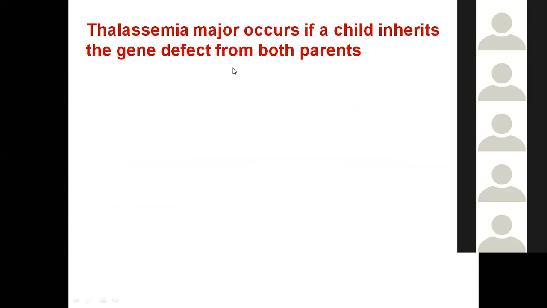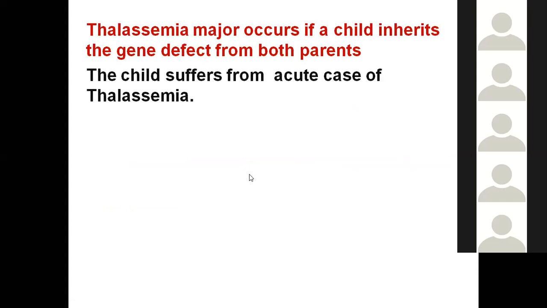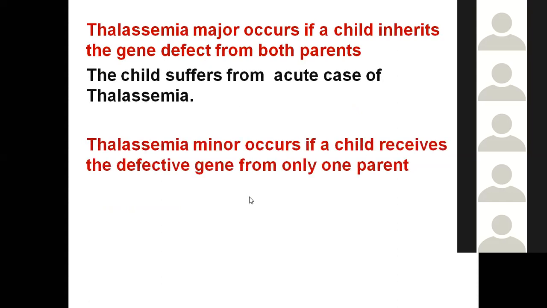Now, thalassemia major. If a child inherits the genetic defect from both the parents, the child suffers from an acute case of thalassemia. While thalassemia minor occurs if the child receives the defective gene from only one parent.